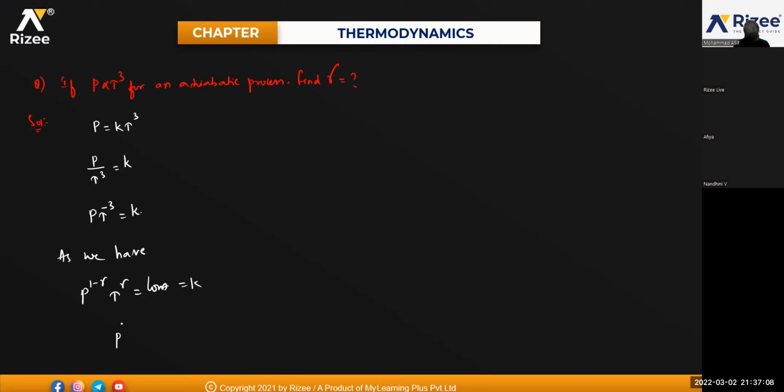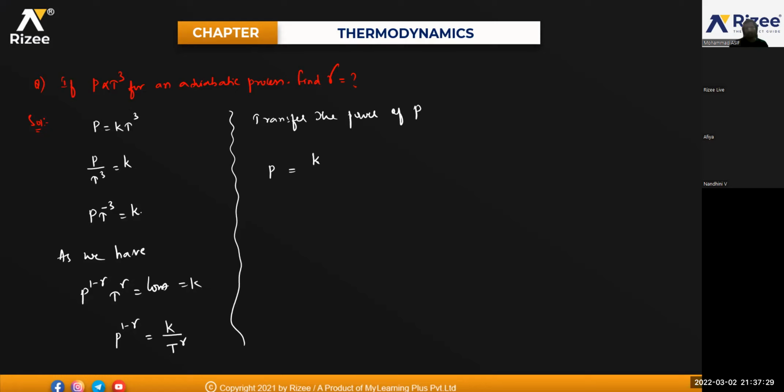P to the power of 1 minus gamma is equal to K divided by T power gamma. Transfer the power of P.